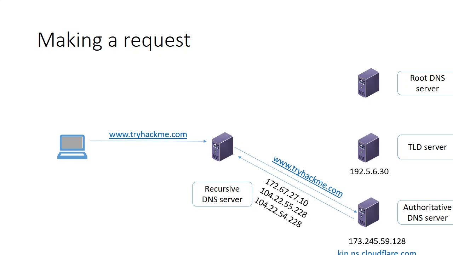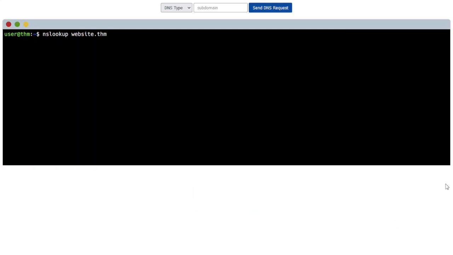These are the ones that it has. And then when the recursive DNS server gets it, it stores a copy in its cache and sends the copy to you. So that's the whole process of making a request and how you get the answer.